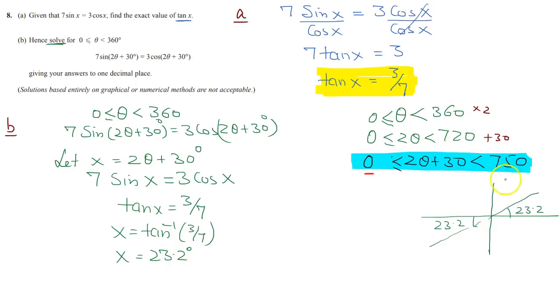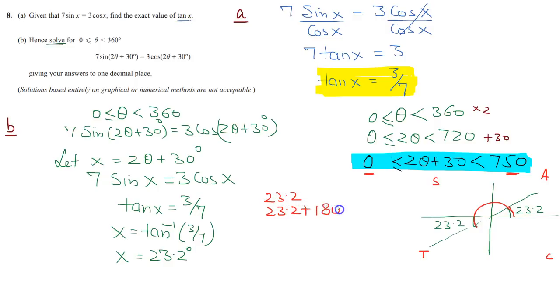Now it is from 0 to 750. So let's calculate. This is the ASTC diagram. First angle is 23.2.